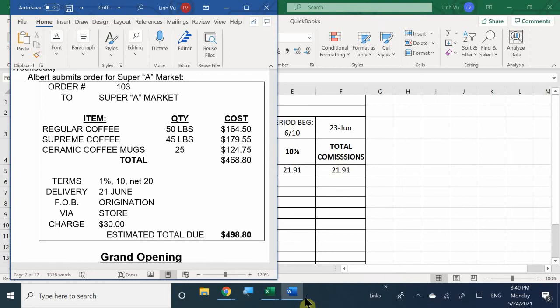It's order number 103, and we have 50 pounds of regular coffee, 45 pounds of Supreme coffee, and 25 coffee mugs with a $30 delivery charge. We have terms 1% 10 net 20, delivery date for the 21st of June, and the estimated total due is $498.80.